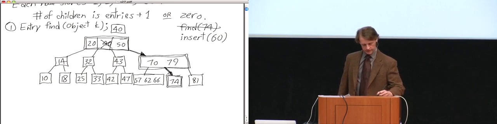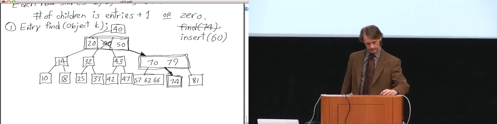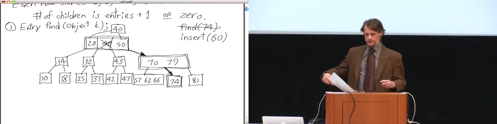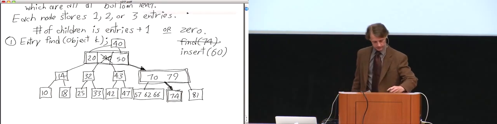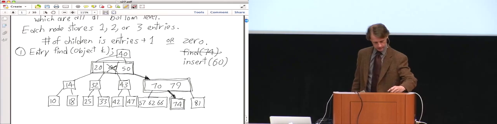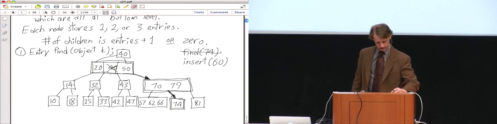The 20 and the 50 become separate 1-key nodes, instead of being all together in a 3-key node. And so the stuff in the middle goes away.